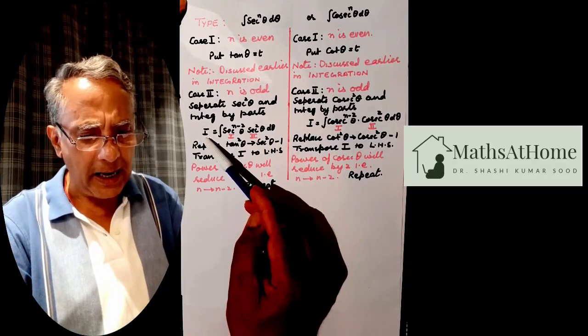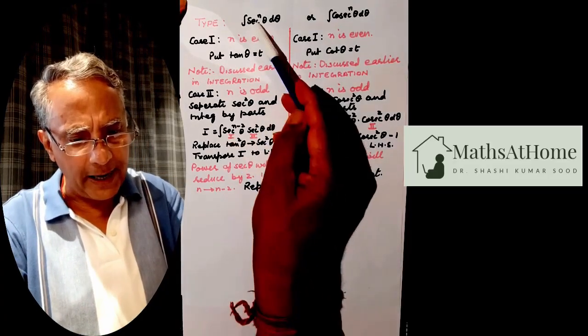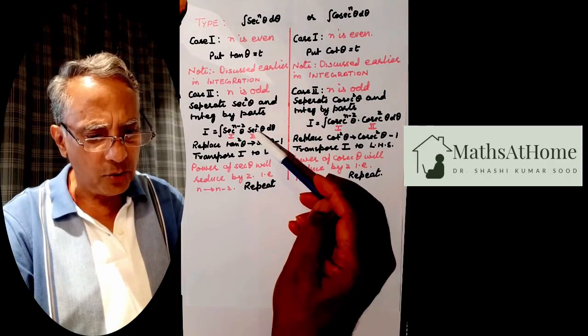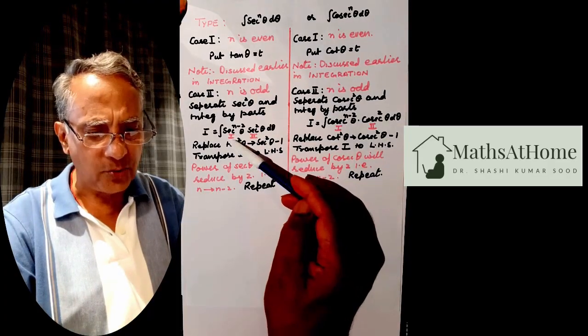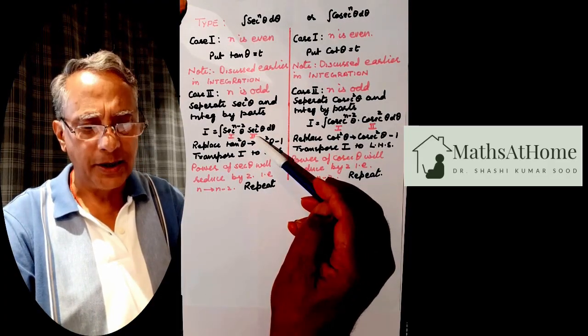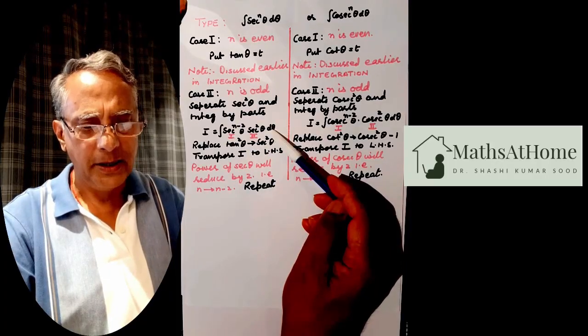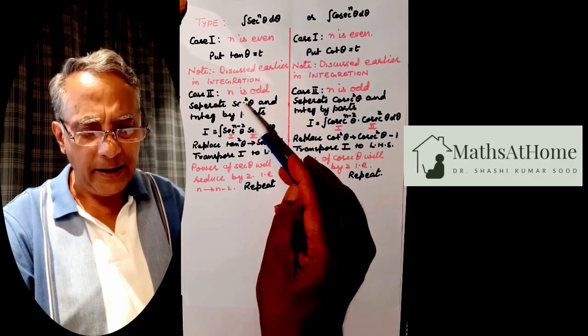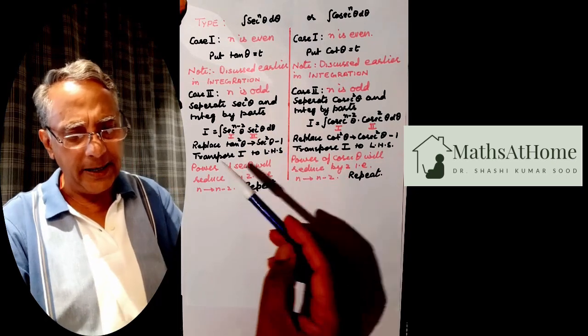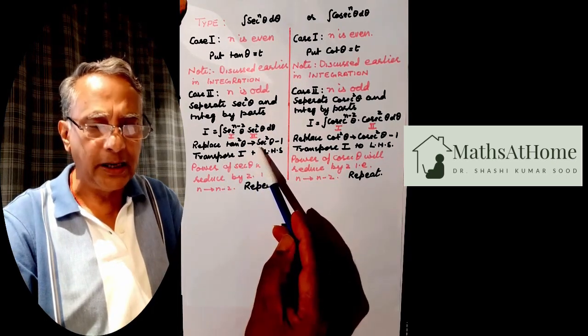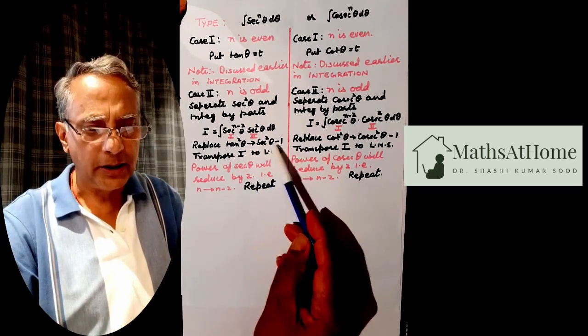That is, we will write I is equal to secant to the power of n minus 2 theta into secant square theta. Regard this as first function, this as second function, and integrate by parts. Separate secant square theta, integrate by parts, and in the result replace tangent square theta by secant square theta minus 1.